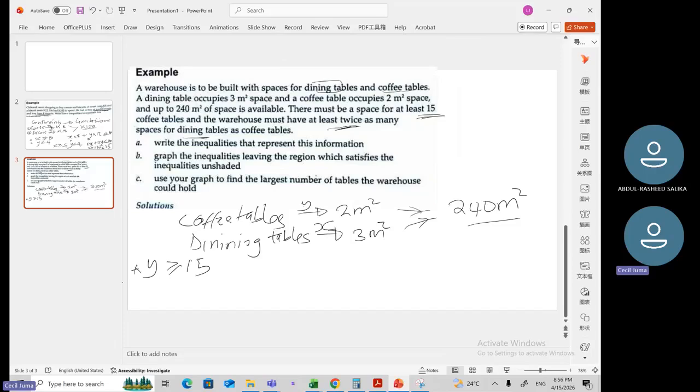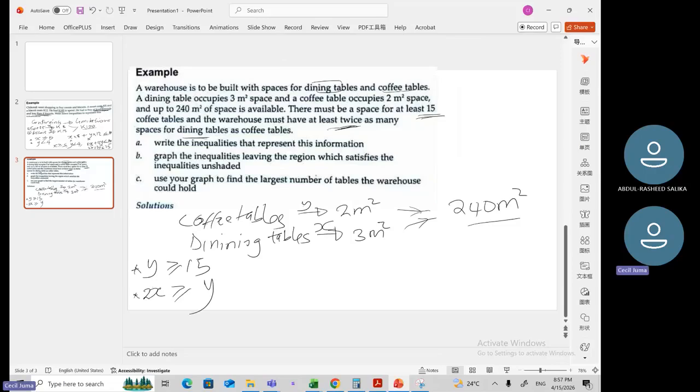The second inequality is in relation to dining tables. They are saying the warehouse must have at least twice as many spaces for dining tables. Dining table is X, so 2 times X must be greater than or equal to the coffee tables, which is Y. So this one is our second inequality.